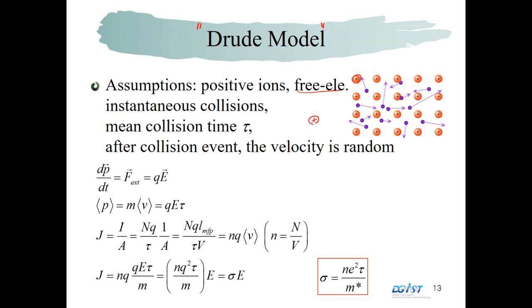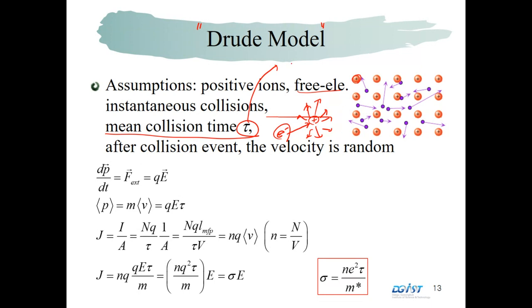If we have a plus charge here and an electron, after the collision the electron can be scattered in any direction. It's random. This scattered electron loses the information from before the scattering. Also, we assume the mean collision time tau.